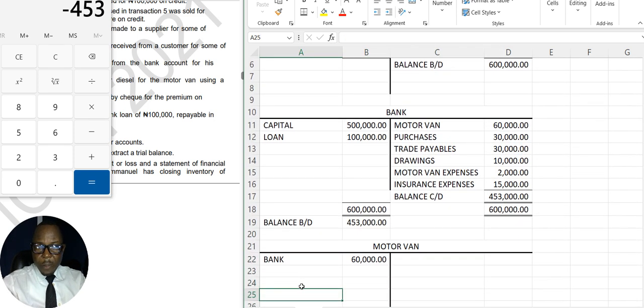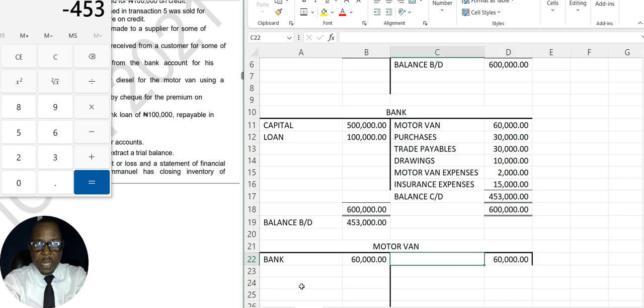Move to the next one, which is this one. It does not have any transaction, so to say. So you just bring your balance CD here.